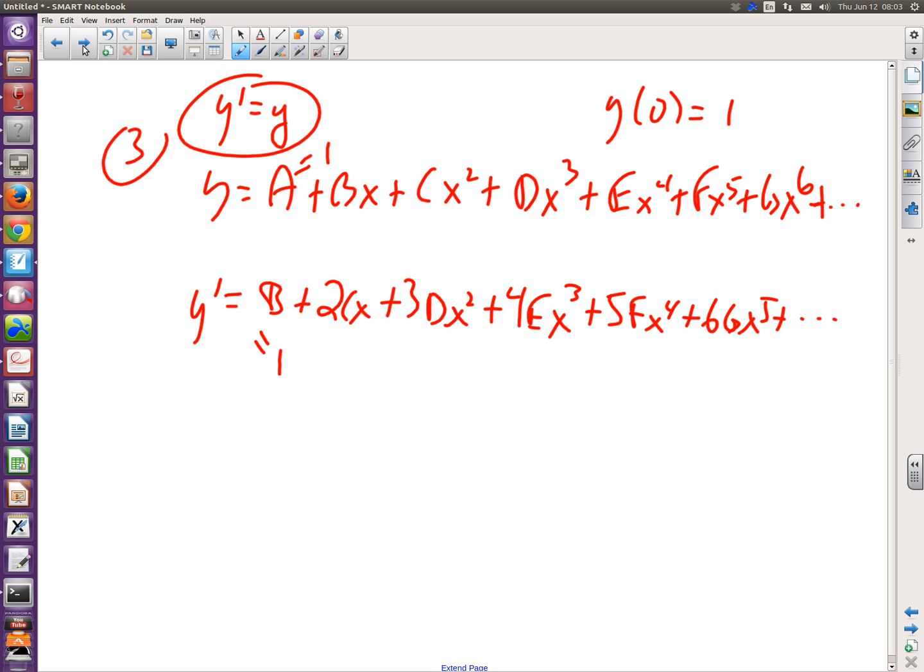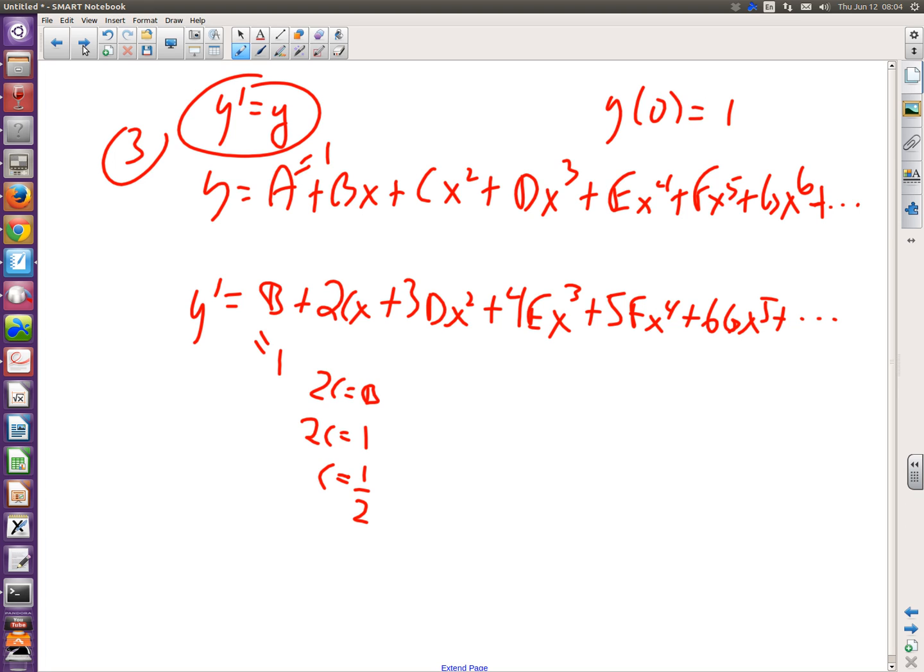This equals 1. And then 2c equals, right? The x terms have to have the same coefficients if y prime equals y. So 2c equals b, but b is 1. So c is a half.